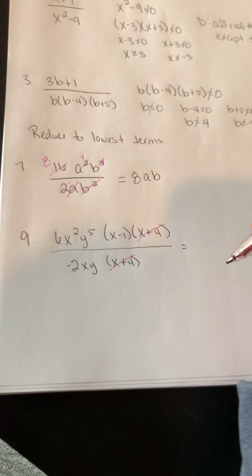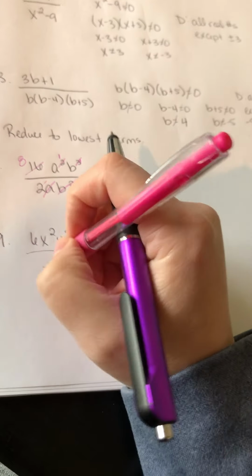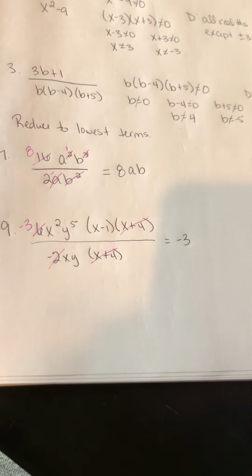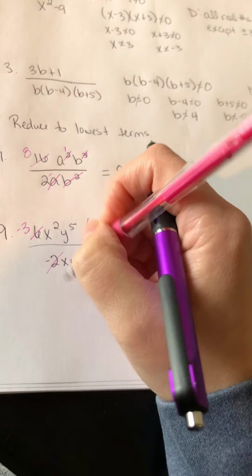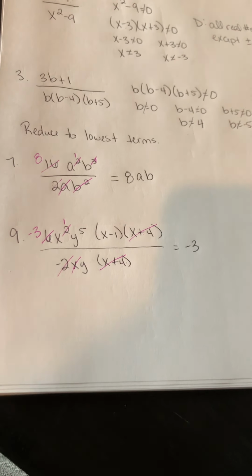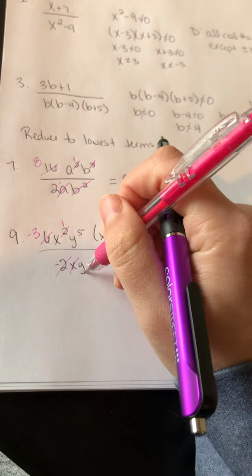6 divided by negative 2 is negative 3. Again, if you want to cross out and write down, that's fine. x squared divided by x, so you're just putting basically like things together here. So x, 2 minus 1 is 1, so you've got an x left. You've got a y to the 5th and a y.